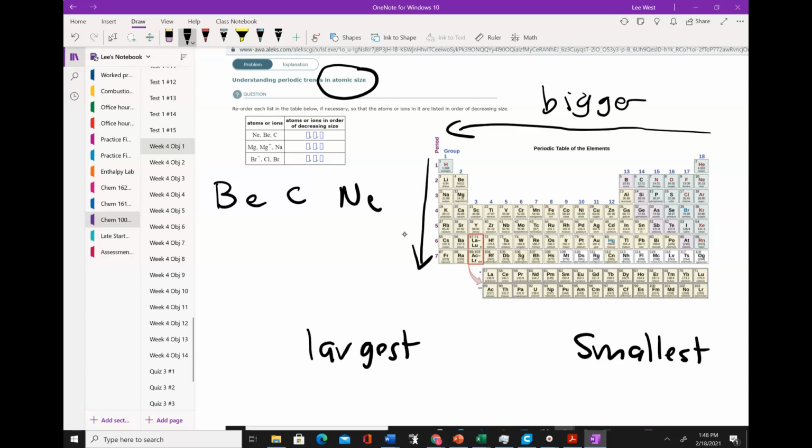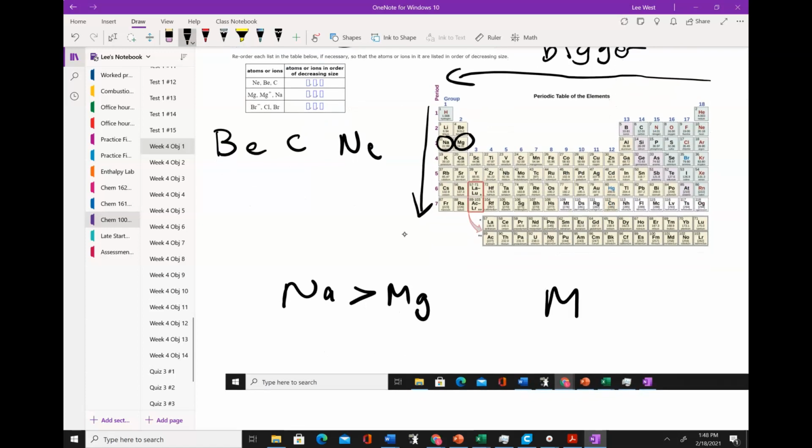And here it gets a little bit interesting because we have an ion. So we've got sodium and magnesium, and then we also have the magnesium ion. So what we know is that the elements get smaller as we go left to right. So we know that sodium will be bigger than magnesium. But where does Mg plus fit in?